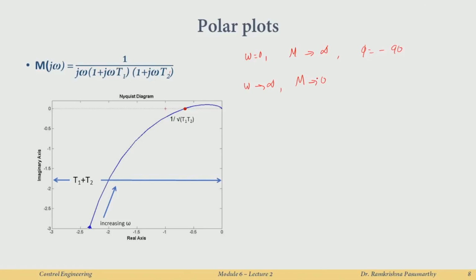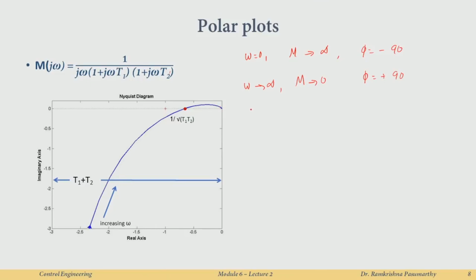What is the angle contribution as omega goes to infinity? It will be minus 90, minus 90, minus 90, that is minus 270, because it is tan inverse of infinity for each, all with a negative sign because these are poles. So you have minus 270, or equivalently plus 90. This is what happens here.